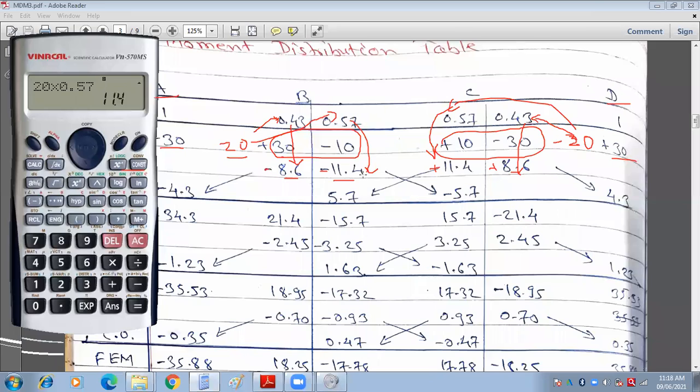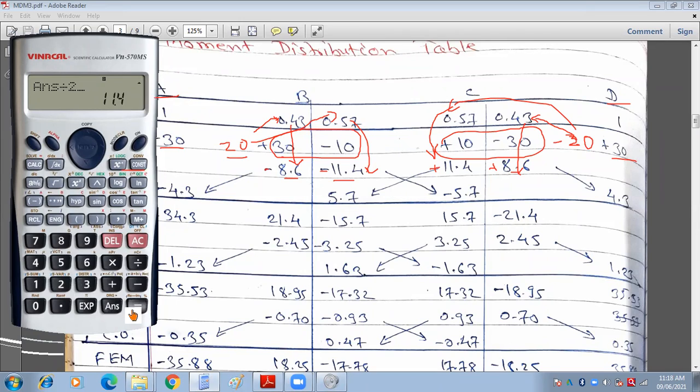is 11.4. Now, of this balance moment, 50% is transferred to the far end if the far end is fixed or continuous. If you see here, the support C is continuous. Therefore, 11.4 divided by 2 means 5.7 is transferred to the far end.